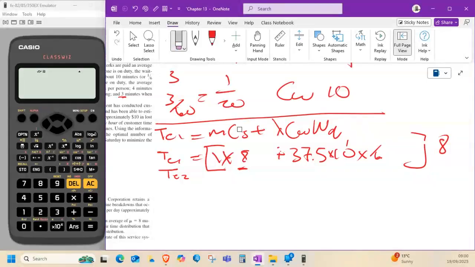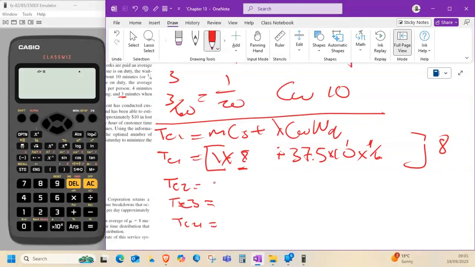I believe we should be able to find the same answer. So now we do it for whenever you have 2 clerks, whenever there are 3 clerks, whenever there are 4 clerks, then you should be able to get more of a comparison.